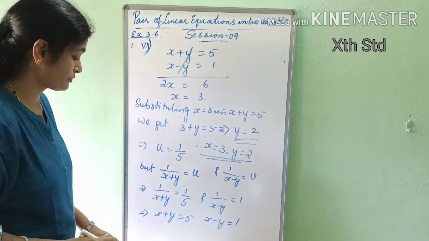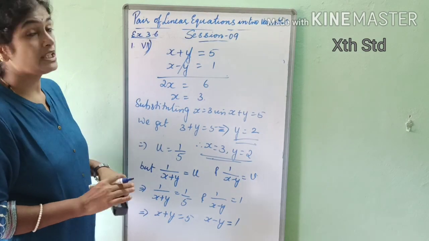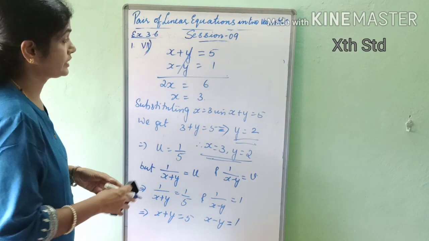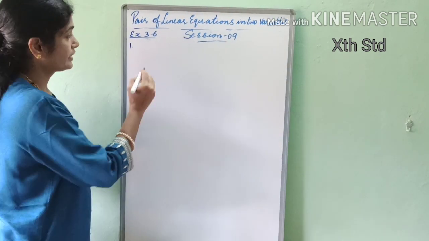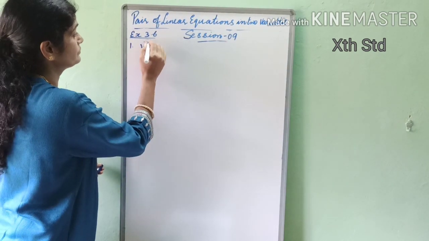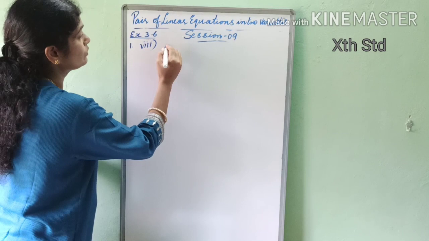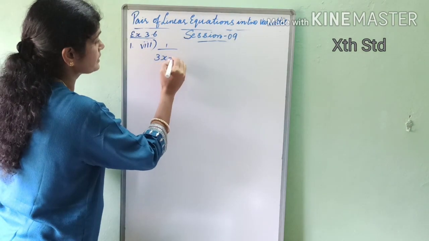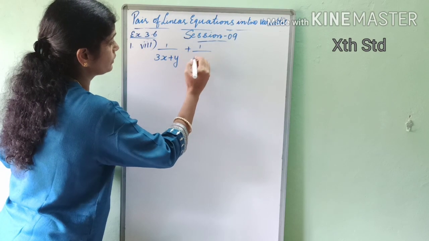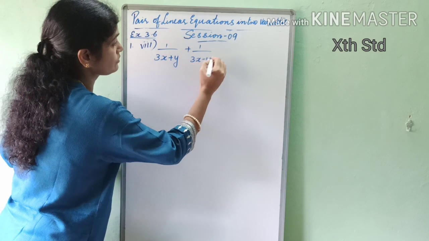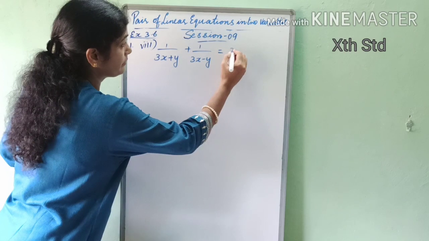Then we'll see the last bit of this question, that is the eighth part. Equations are 1 by (3x plus y) plus 1 by (3x minus y) is equal to 3 by 4.